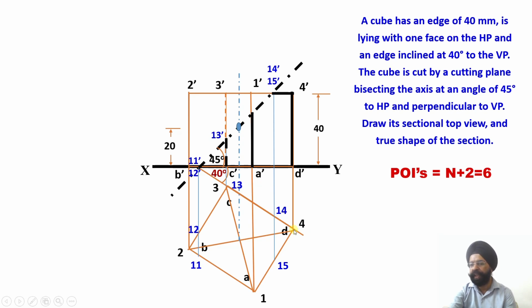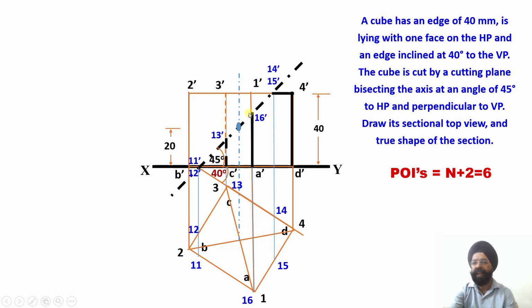This one is not to be considered because this vertical edge has not been cut over there. I move further. Now this is 1A. Just see, 1A is there and this 1 dash A dash has also been cut. So this point's name will be 16 dash, because I am moving in a particular order. Just see, the name of this point is 16 dash.